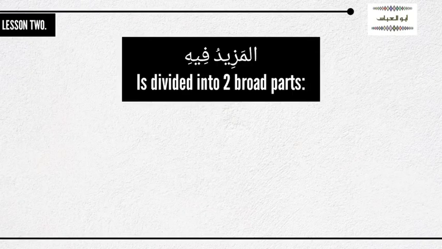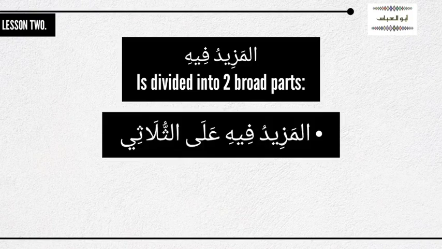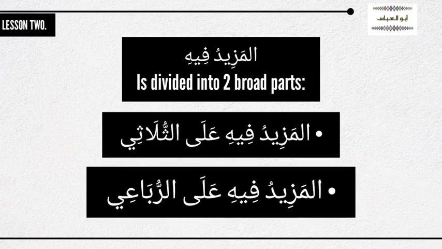Now this al-mazidu fihi is divided into two broad parts. We have al-mazidu fihi ala thulathi and al-mazidu fihi ala rubai.